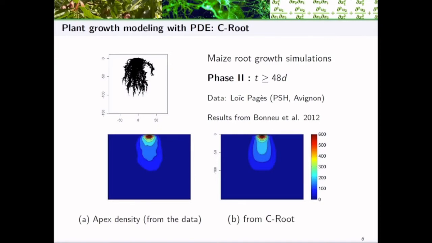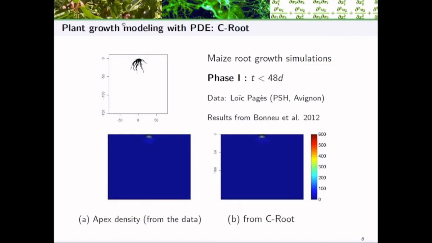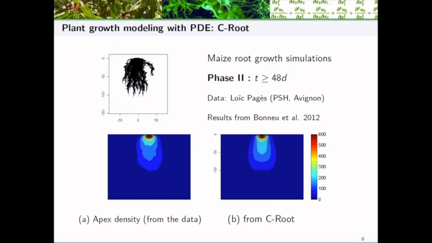Yes, and what I've said before is PDEs are not dependent on the scale, so it's a rather good alternative if we want to model many plants in a same plot.